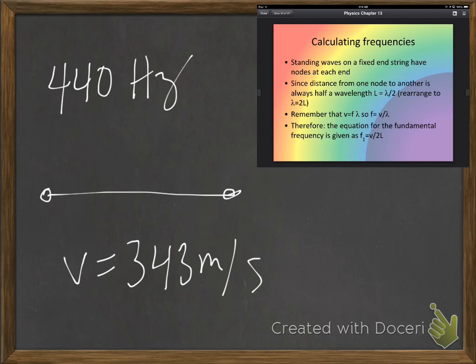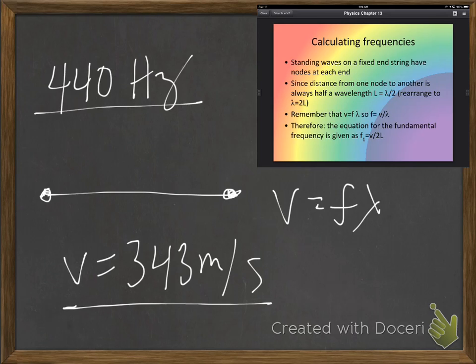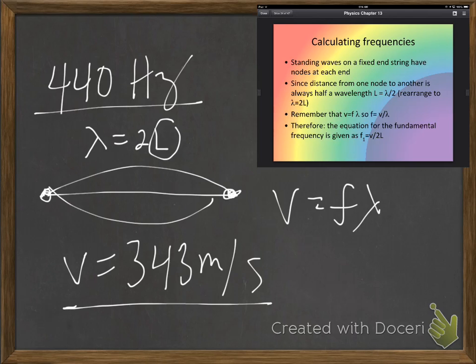Anywhere from 340 to 345 are things that you'll see. And based on the relationship v equals f lambda, if we know the frequency we want, and we know the velocity, and we know that lambda equals 2L, well, by golly, we can figure out how long a string will produce a given tone, which is kind of handy.